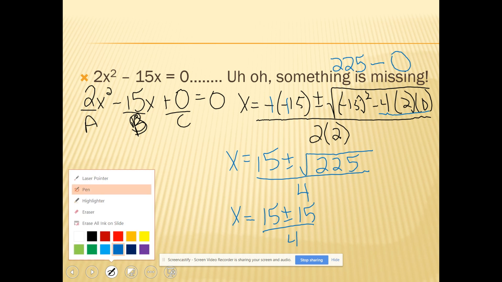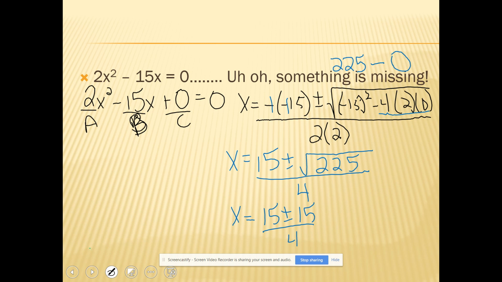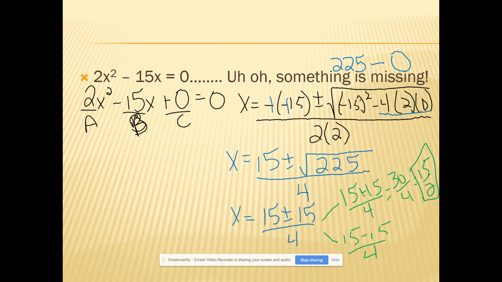Again, because we have no radical left, that means we're allowed to go ahead and do that math. So I have 15 plus 15 divided by 4, and 15 minus 15 divided by 4. This is 30 over 4, which is 15 halves, as one of our zeros, roots, solutions, x-intercepts.